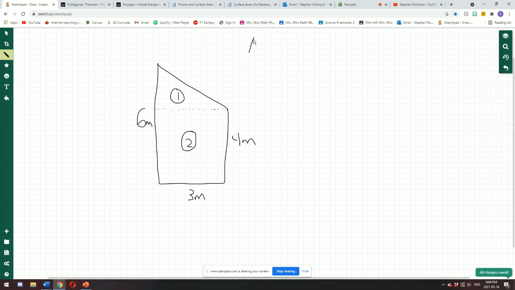So if I want to find the area of shape number 1, that is equal to the base times the height divided by 2, right? That's what we just looked at when we talked about triangles. So the base, which is down here, we know that this is 3 meters. So we'll use that as the base.